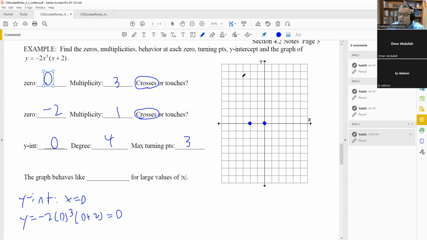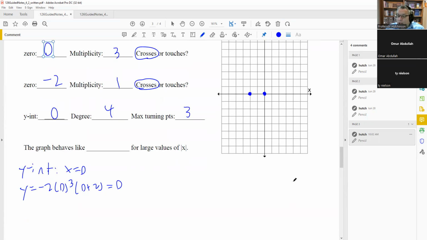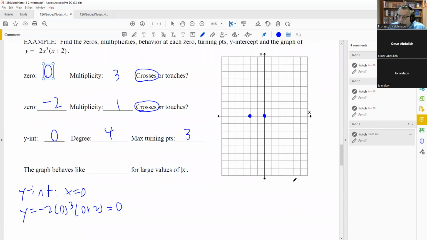But we have to figure out: does the graph come down or does it come up? We don't know that until we talk about the power function and also the end behavior. This one is easy enough that I'm going to multiply it out. If I multiply this, I get negative 2x to the 4th minus 4x cubed.